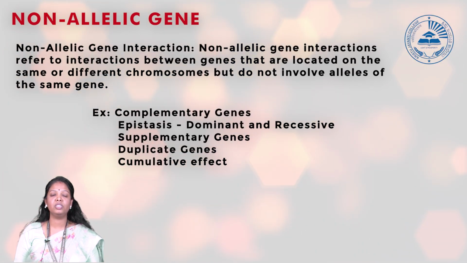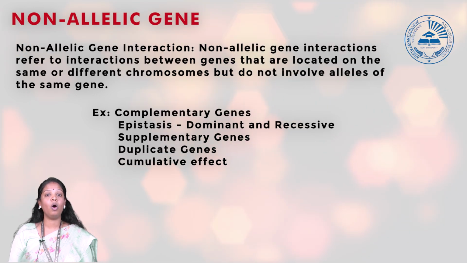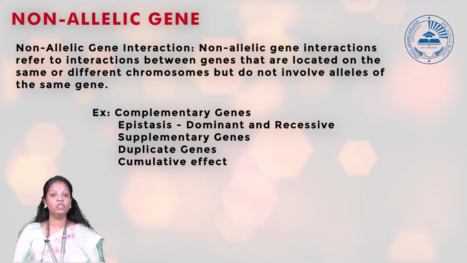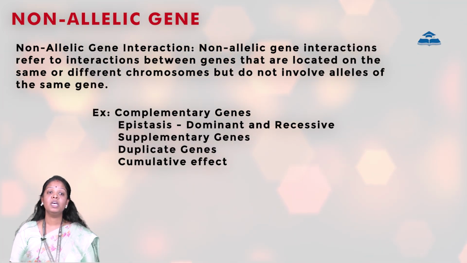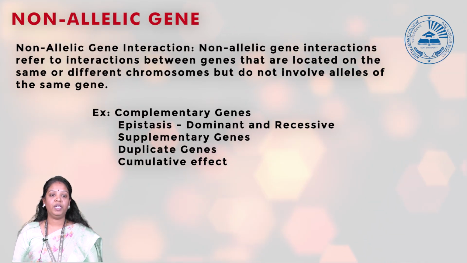Non-allelic gene interactions are the interaction between genes located on the same or different chromosomes. Here we have complementary genes, epistasis, dominant and recessive epistasis, supplementary genes, duplicate genes and the cumulative effect.